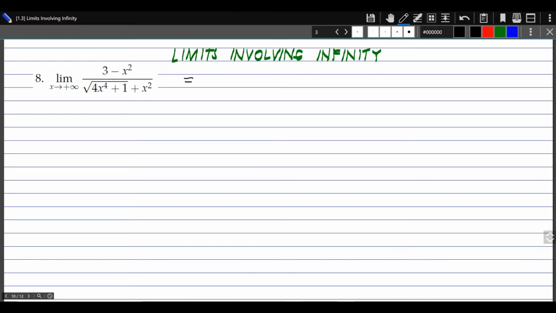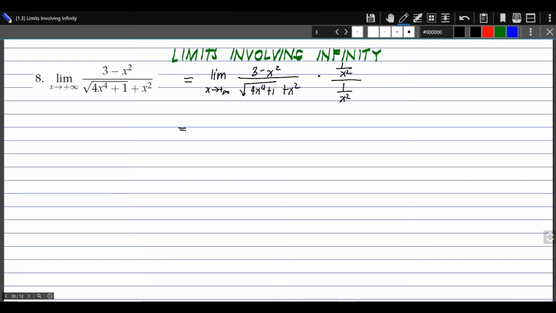So this is equal to the limit of, copy this function, multiplied by 1 over x squared over 1 over x squared.